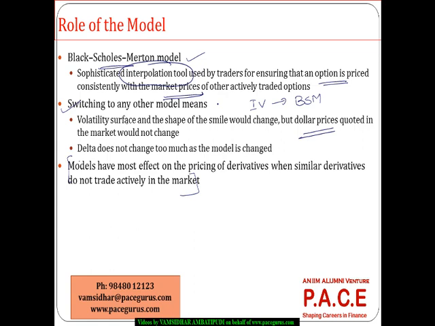The model plays a very important role only when active trading of the derivatives does not happen. Basically, even if I switch a model, if I have to equate it to the market price, then all the adjustments do happen. So as long as there is active trading, the role of a model becomes more and more negligible.